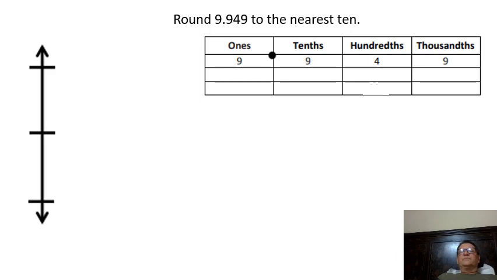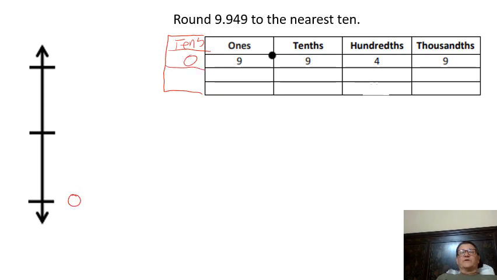Now on this one, I'm going to do it that way one more time. Now we know we're rounding to the nearest 10. And we can see we have 0 tens here, because our tens would be out here. This would be our tens place. And we know we have 0 tens there.